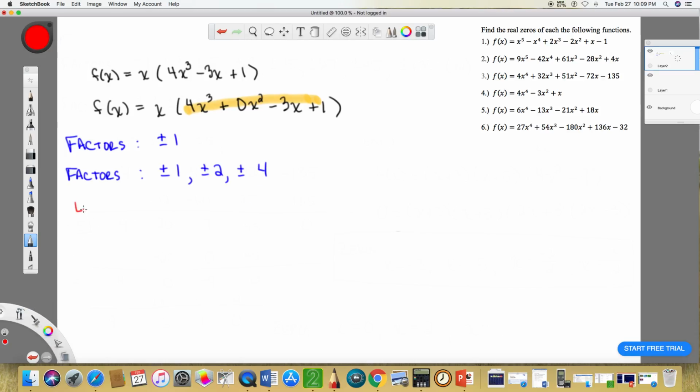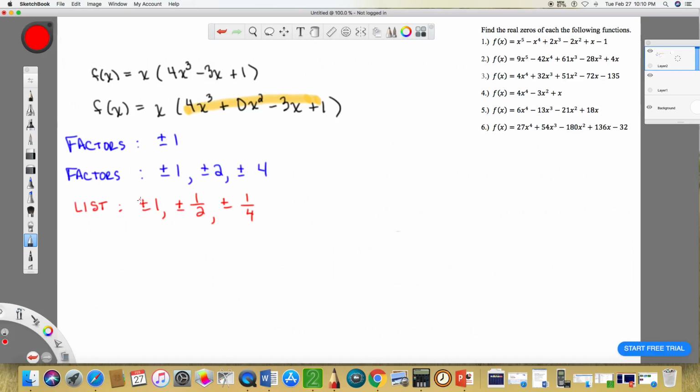So our list of possible rational zeros, well, we've got 1 divided by 1, 1 divided by 2, and 1 divided by 4. And of course, plus or minus on each one of those.